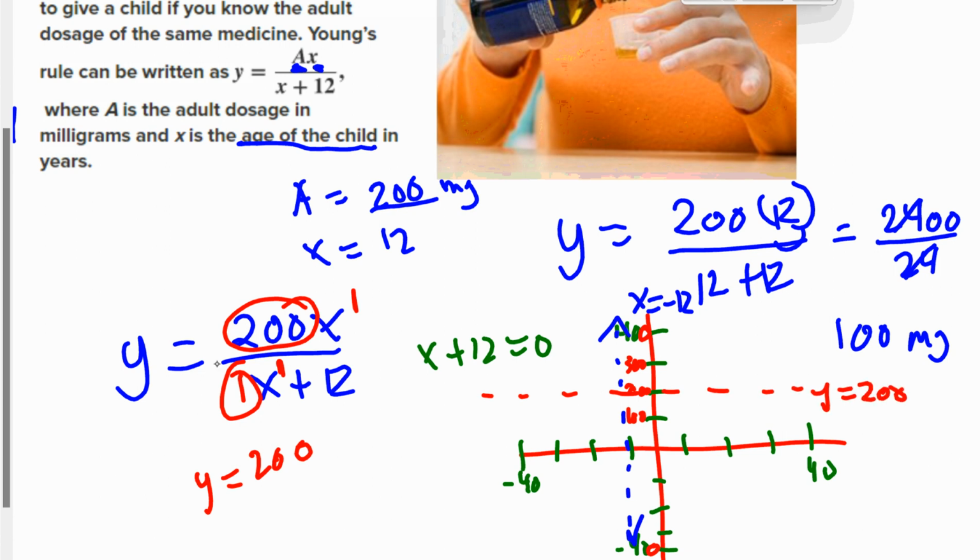Now we can plug in numbers to the left of this vertical asymptote and numbers to the right.